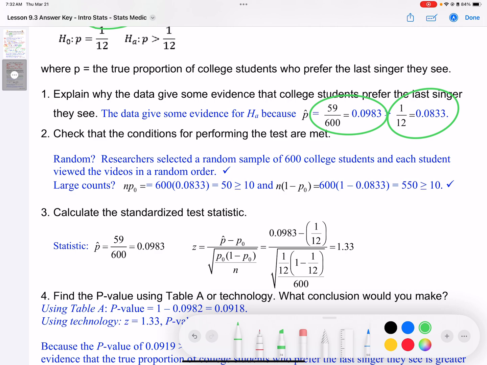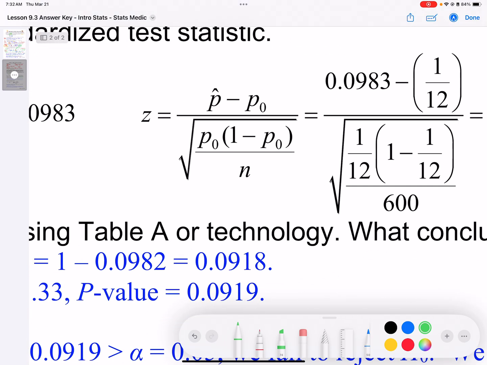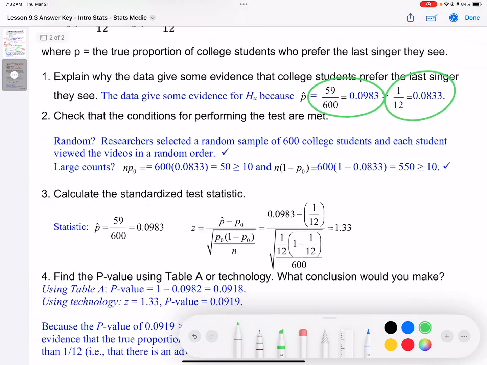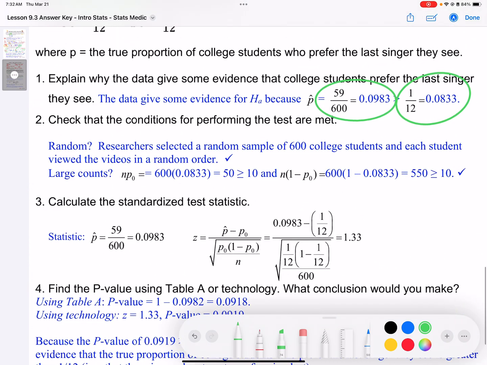If I ask you for the standardized test statistic, remember that's this formula here that I'm giving to you, and you have your p-hat. The p-hat, remember, is the value that we got from our statistic, and so that's right here, 10%. And then the 1/12 is from my H0, the p.